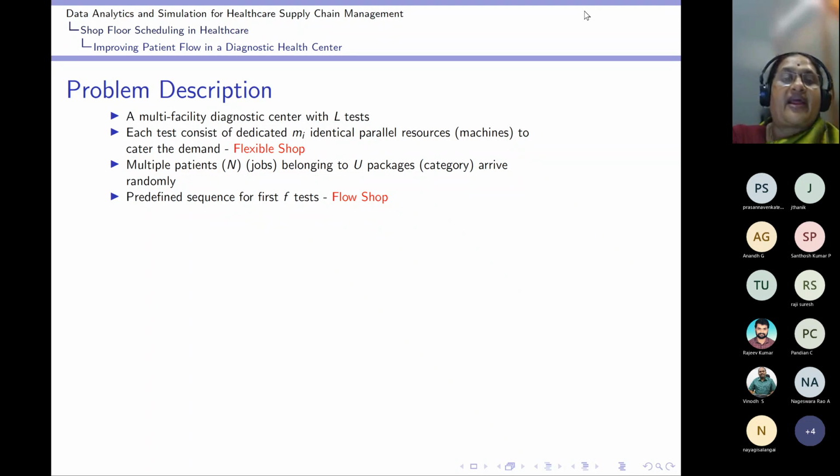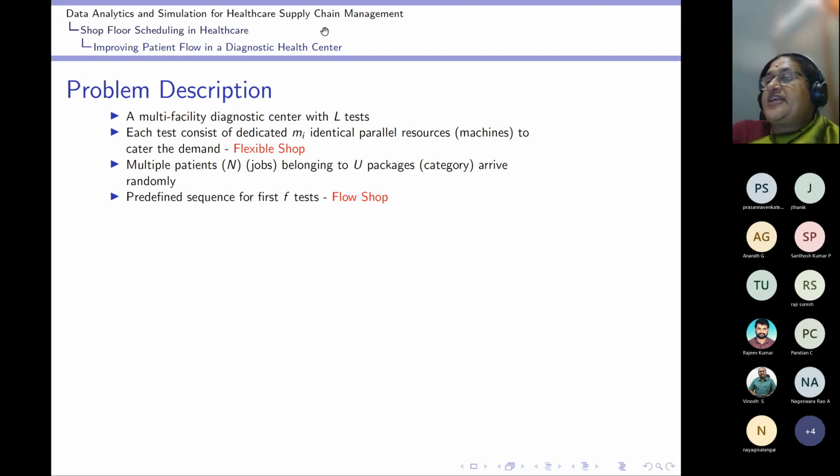They arrive at random. I have a predefined sequence for the first F tests. I have to have my blood test, the fasting blood test, as my first test. After the fasting blood test, I have to go to another test, and this is a predefined sequence.